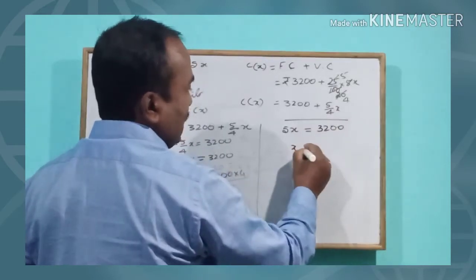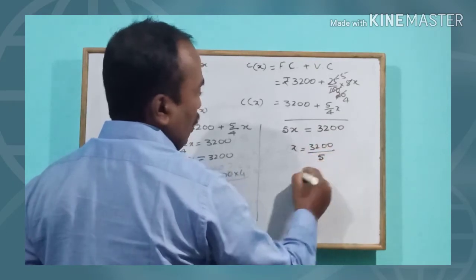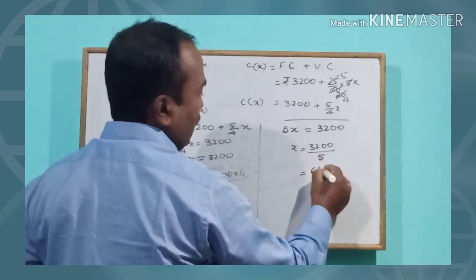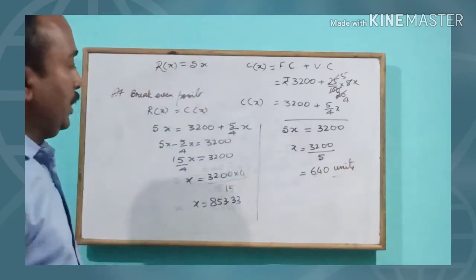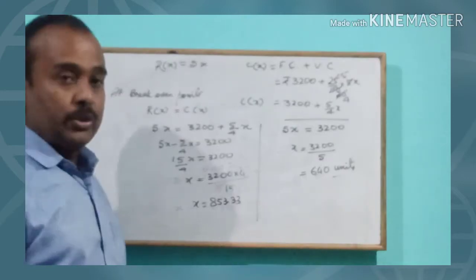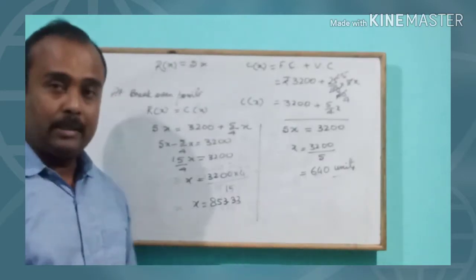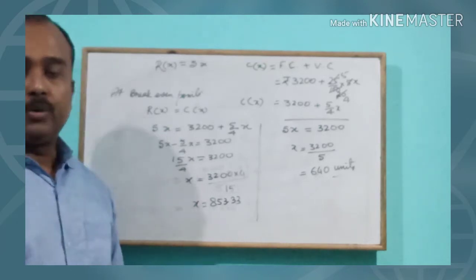So x is 3,200 by 5, or 640 units. So the company should sell 640 units in order to recover the fixed cost. Okay, so let us see the next concept, that is marginal revenue and marginal cost.